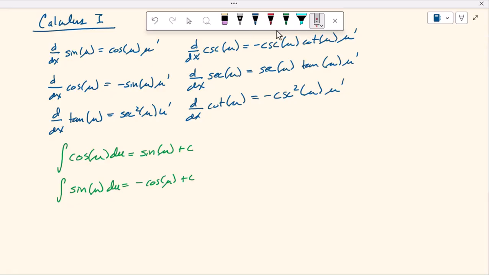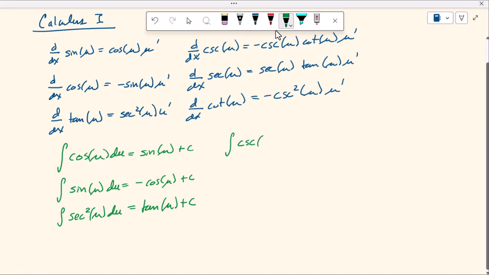Our next one would be the integral of secant squared of u du is equal to tangent of u plus c. Then I have the integral of cosecant u cotangent u du is equal to negative cosecant u plus c. And those are over here, so I'm integrating this side, getting my cosecant u.